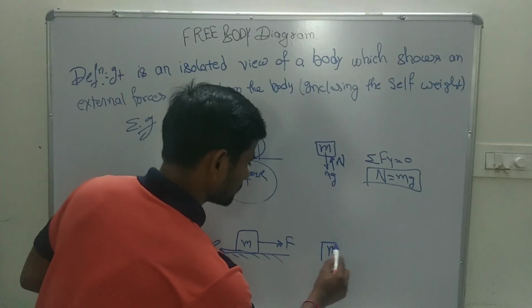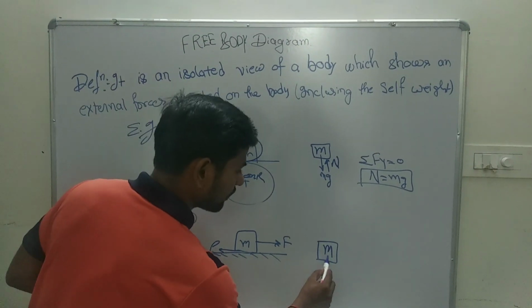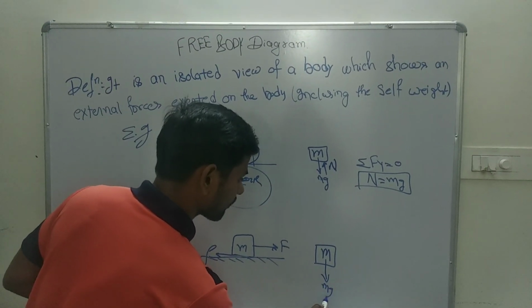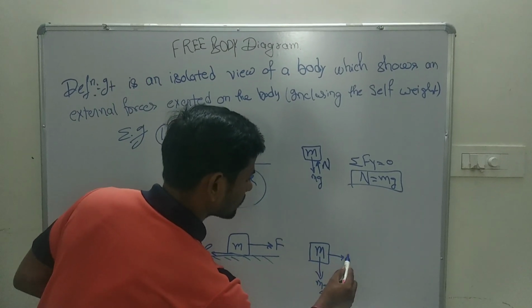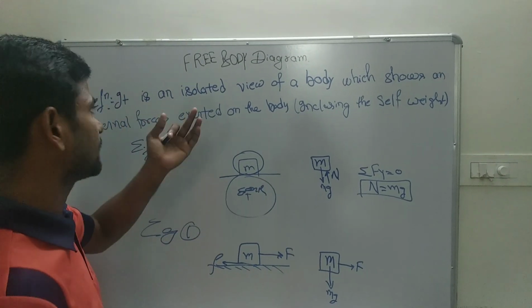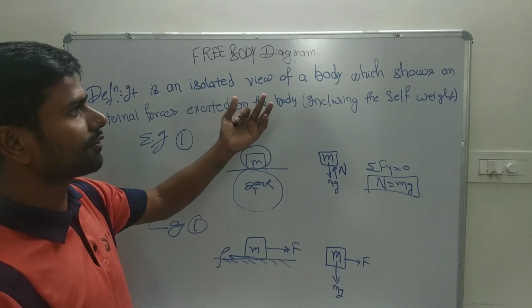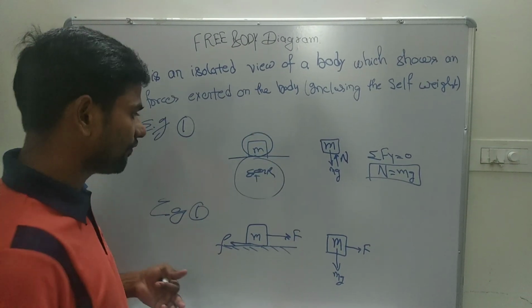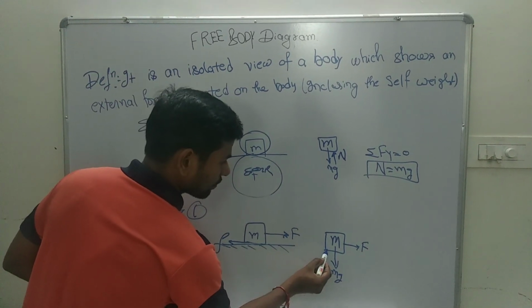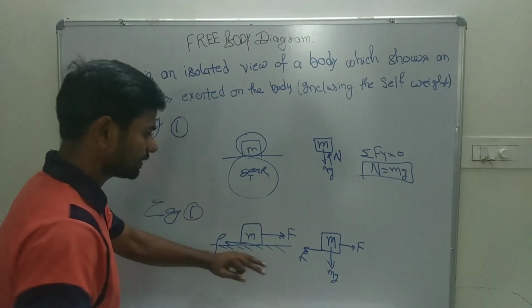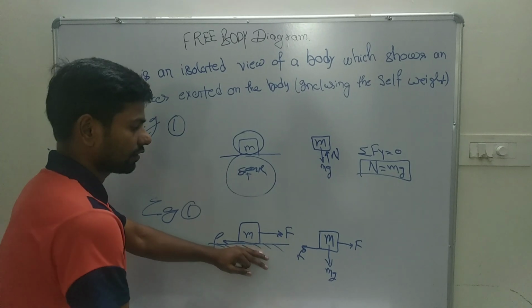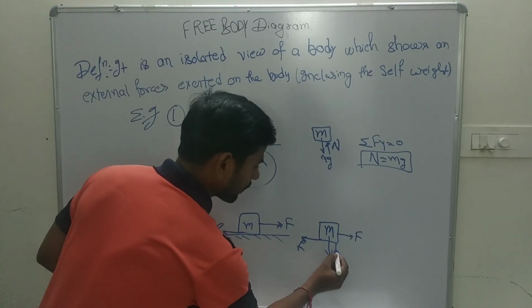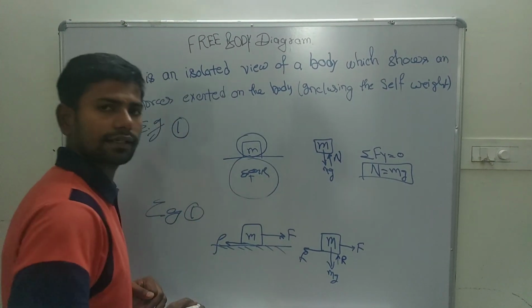Suppose this one is mass m, and due to self weight there is mg, and here the external force is F. As in the definition, it is an isolated view of the body which shows the external forces on the body including the self weight, and there is a frictional force on the back side, and the floor or earth acts as a reaction R on the body.